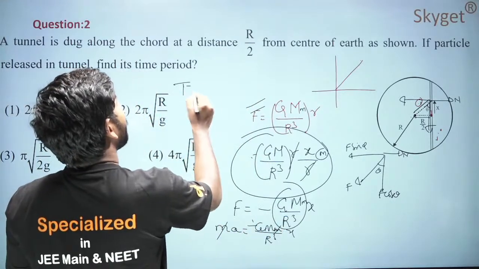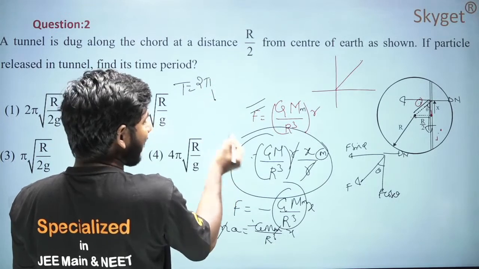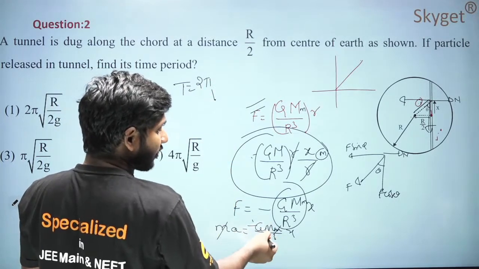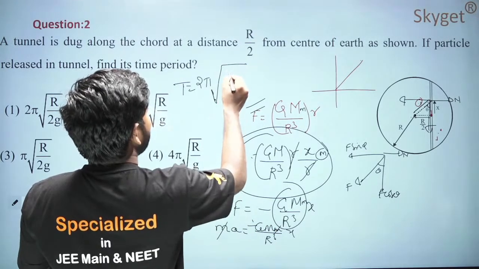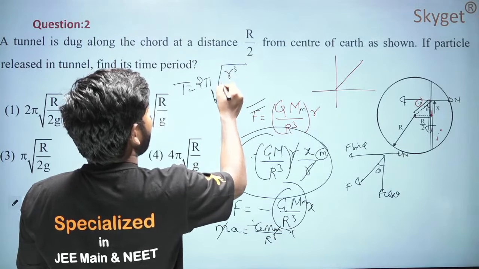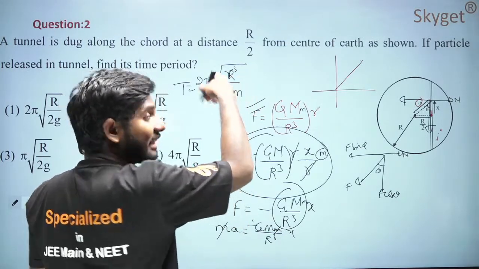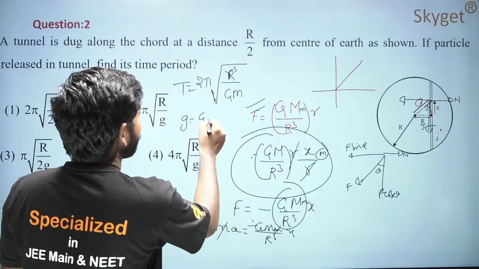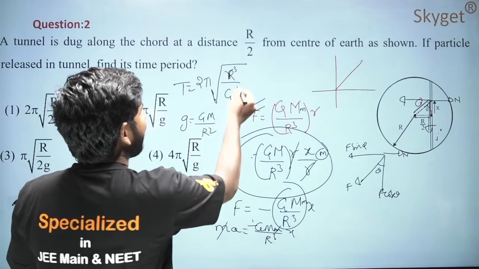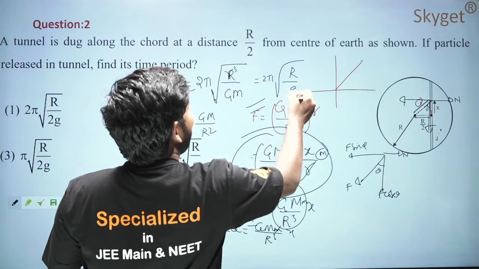Then time period is equal to 2 pi by omega. Omega is root G M by r cube. Then we can write it as r cube by G M. But we know G M by r square is g. So we can write this as 2 pi root over r by g.